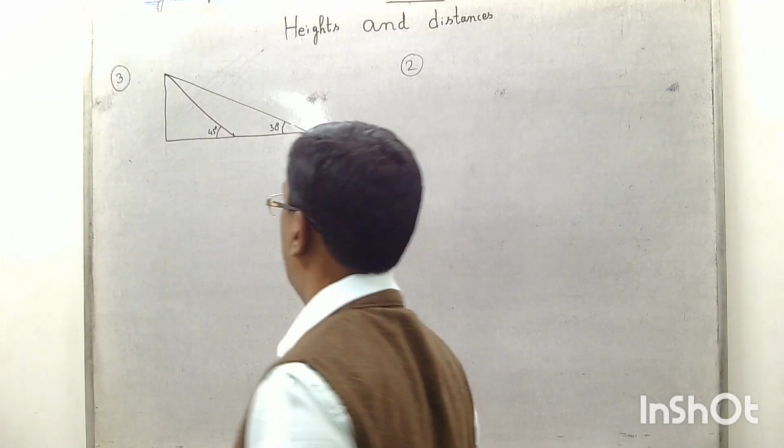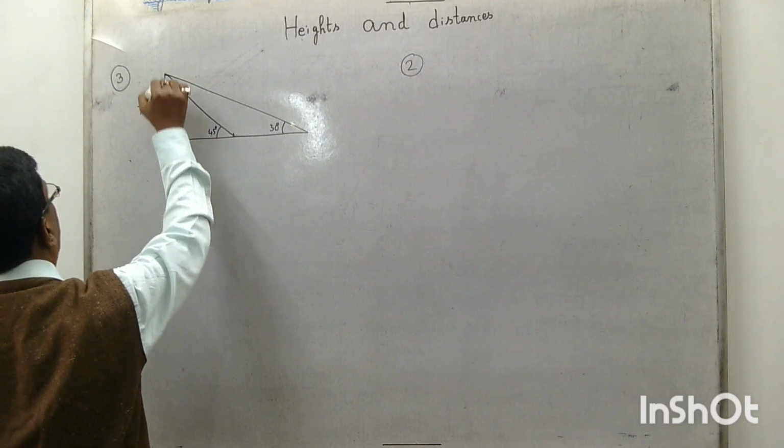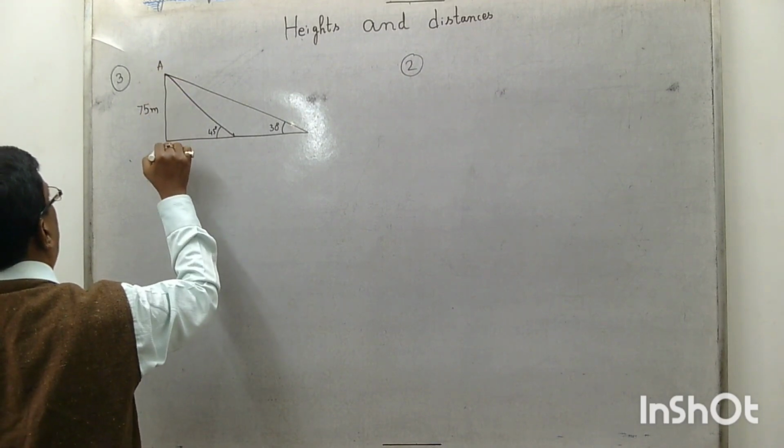So, the lighthouse is 75 meter in height. Let this be AB.